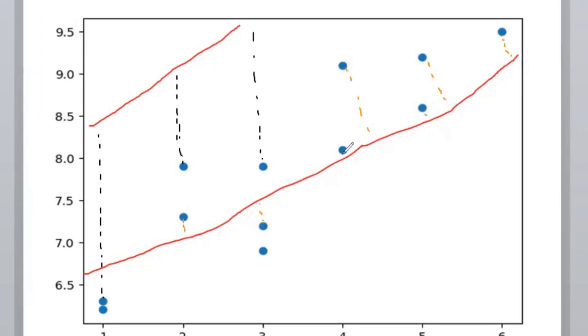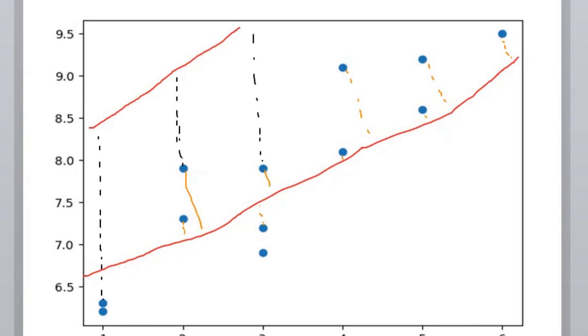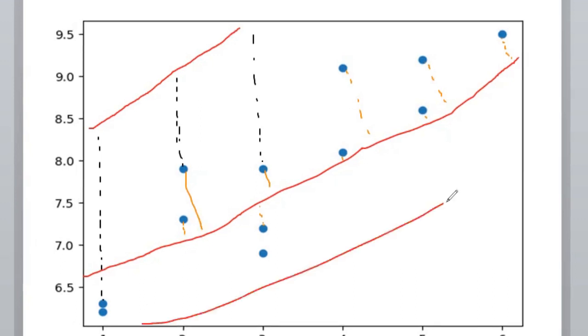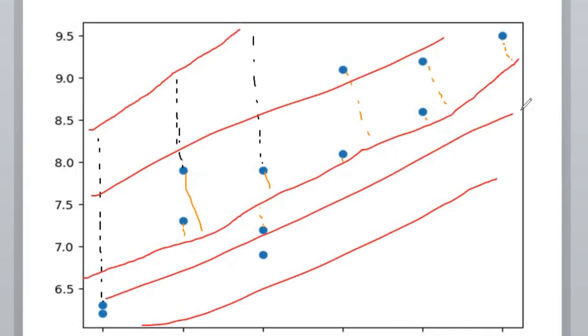And it will calculate the distance for all the possible lines. There are many possible lines. One possible line may be this, and other may be this, and other may be this. There are a number of lines.